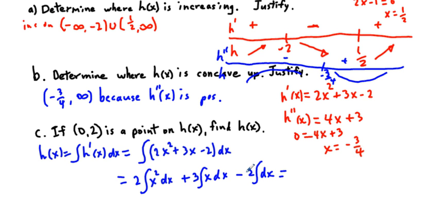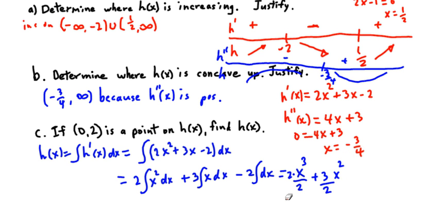And that's going to be equal to 2 times x cubed over 2, plus 3 times x squared over 2, and I made a mistake over here.